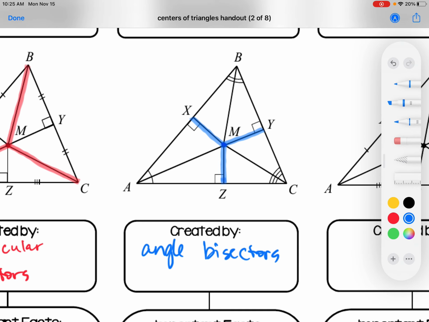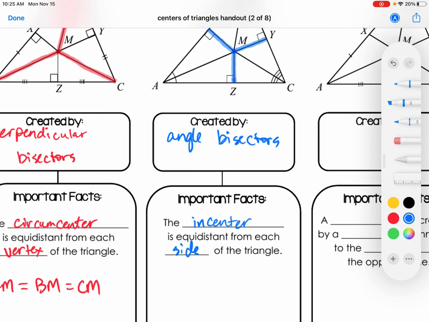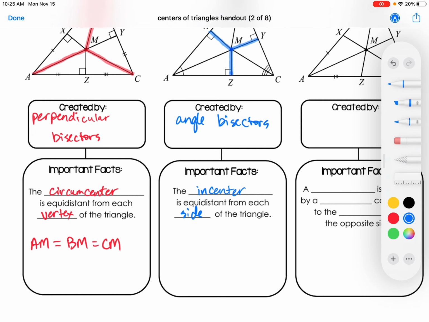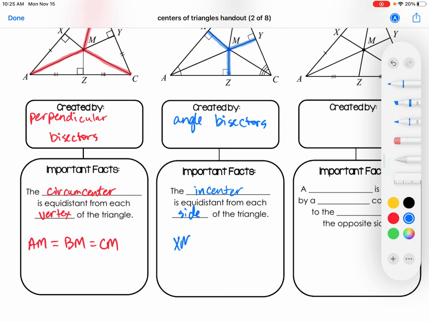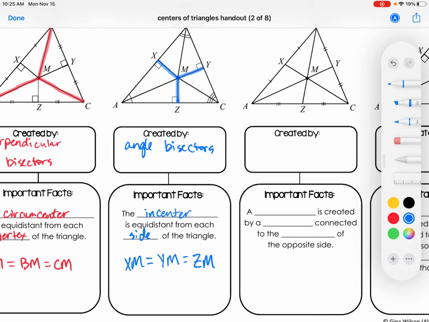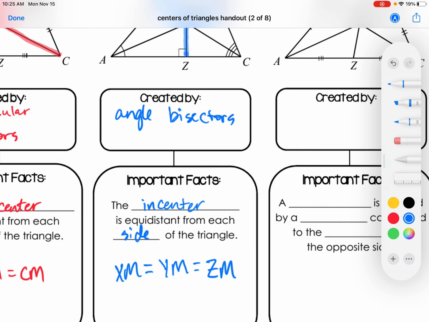So that gives us equations very similar to the last one: XM is equal to YM, which is equal to ZM. When you're dealing with angle bisectors and the incenter, all of those distances are the same.